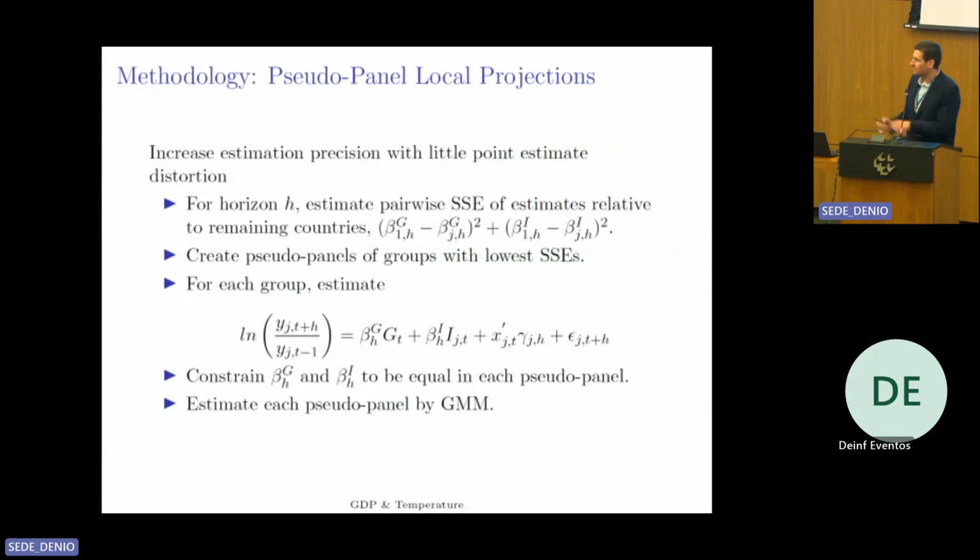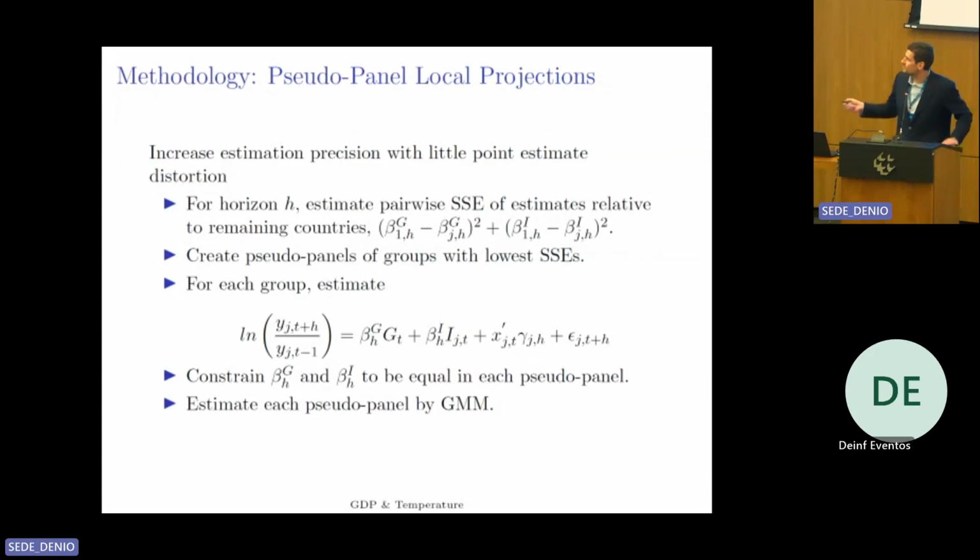We're going to calculate the sum of squared errors, sort them, and sort countries into groups of 5 by the lowest sum of squared errors. We're going to call these pseudo panels. We're going to run the same estimation, but this time in these pseudo panels.